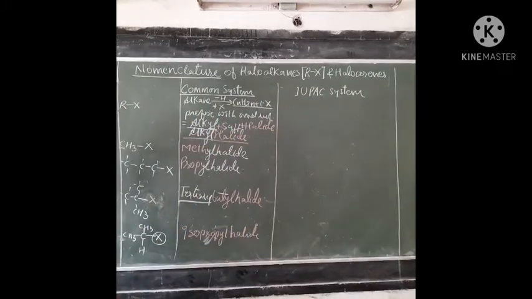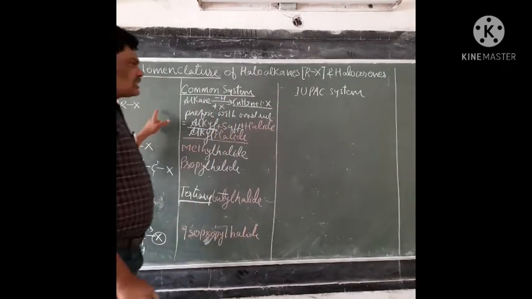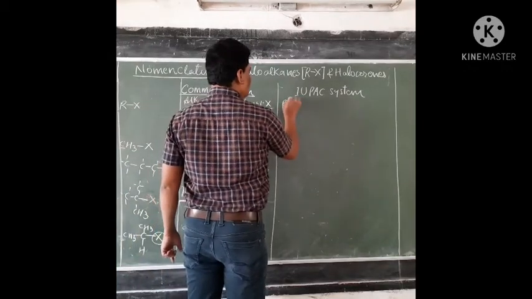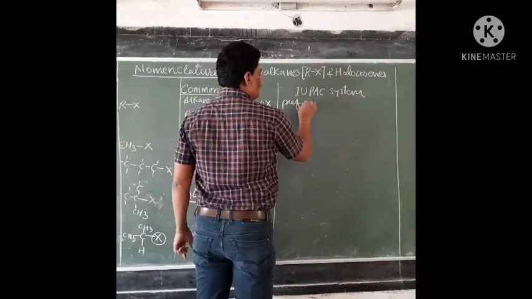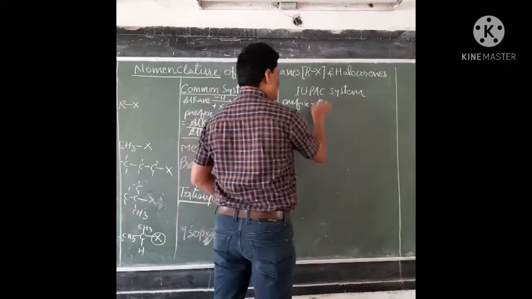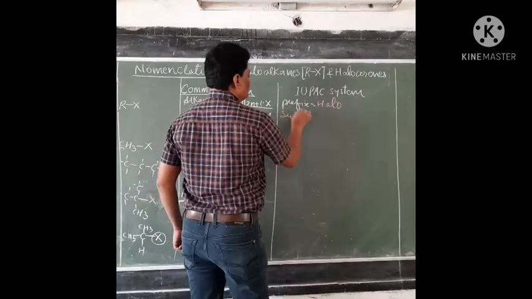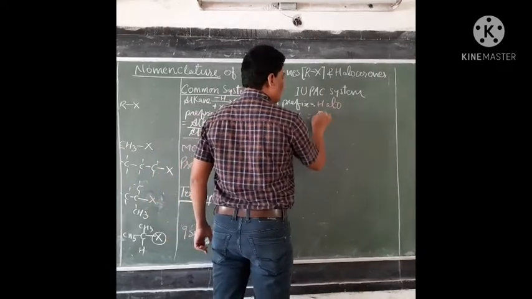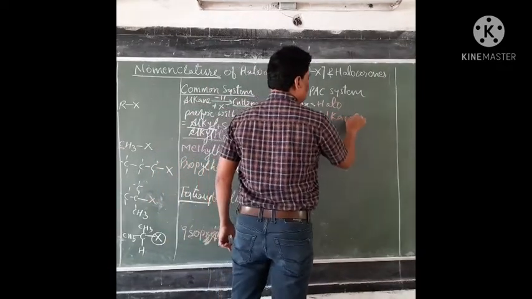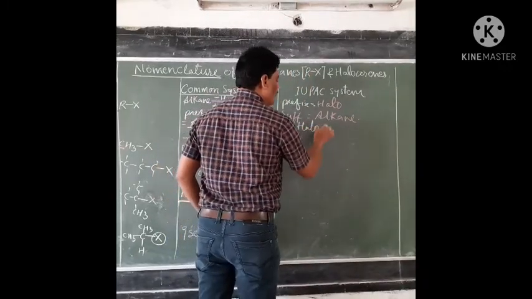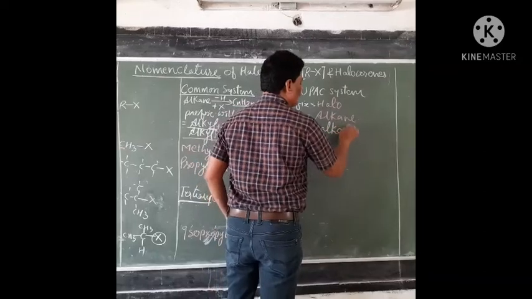But in the IUPAC system of nomenclature, the prefix is written as halo, and the suffix is considered as alkane. So overall the name will become halo and alkane.